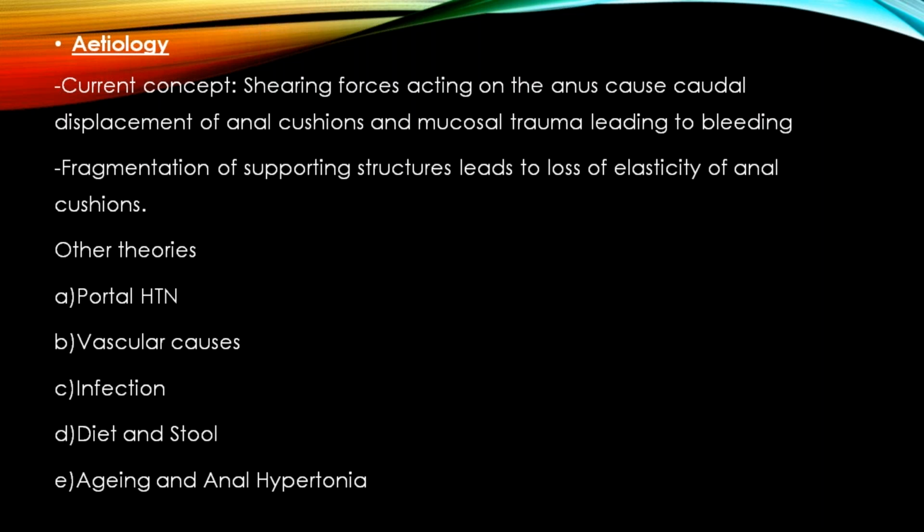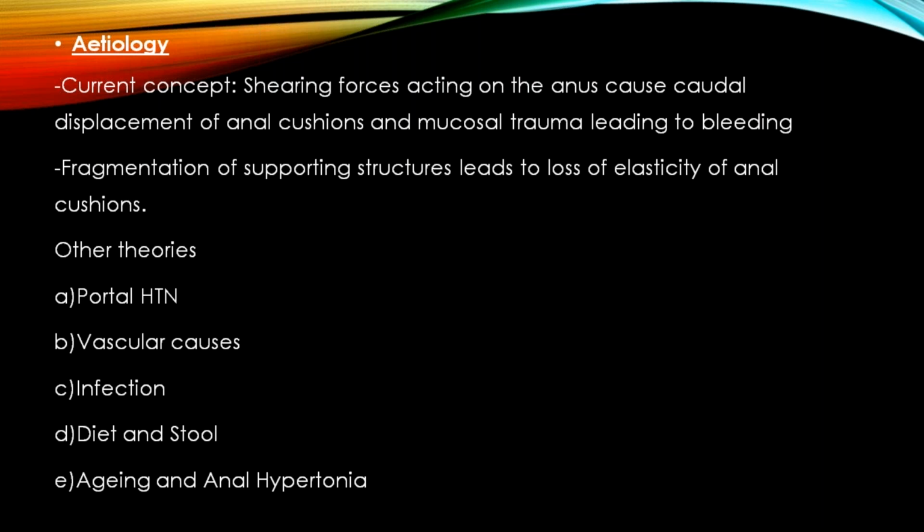So whenever the portal pressure increases, this pressure will be transmitted to the inferior mesenteric vein and lead to varices. But in portal hypertension, there will be rectal varices, not anal canal varices. You should not be confused with the rectal varices. You should differentiate whether it is anal canal varices, true hemorrhoids, or rectal varices.